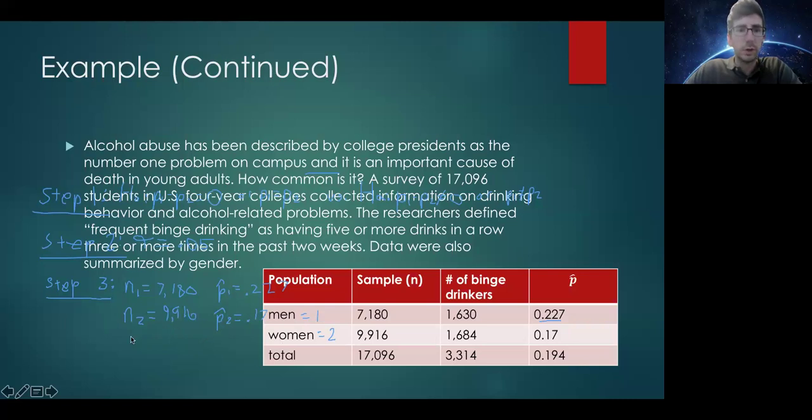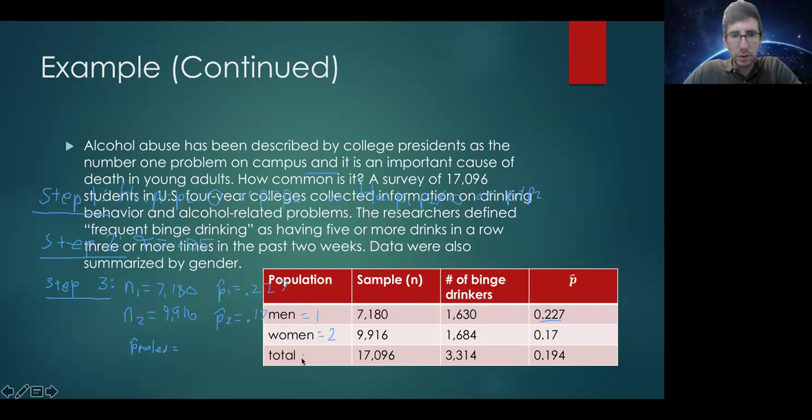This would probably also be a good place. If you recall from the last video, we're going to need our pooled results, right? So P hat pooled is actually given to us here. Remember, this is calculated by adding up the number of quote unquote yeses, or the number in your sample with the desired trait you're looking for. Here, the trait we're looking for is, are you a binge drinker? So we're given that here. So if we add 1630 to 1684, we get 3,314.